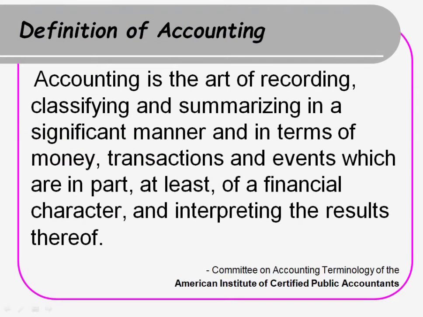As already mentioned, the first phase of the accounting process is recording. What are recorded by accountants? Transactions and events. However, please note that not all transactions and events or happenings in the life of an entity must be recorded.